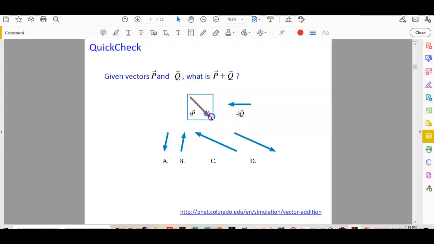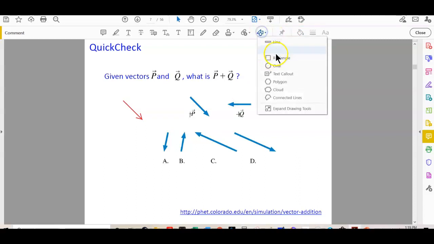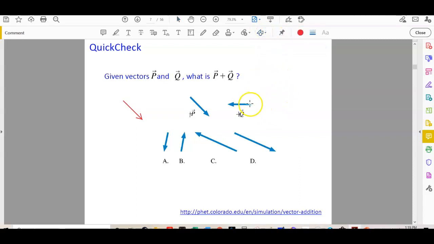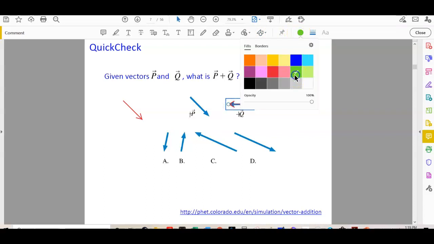Which looks about right. That looks perfect. So that's P. Okay. And then I'm going to add Q to that. So Q is another vector which is pointed just to the right. There we go. That is green, and the border is green.